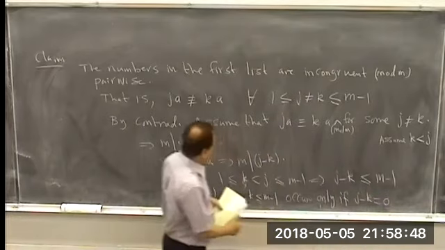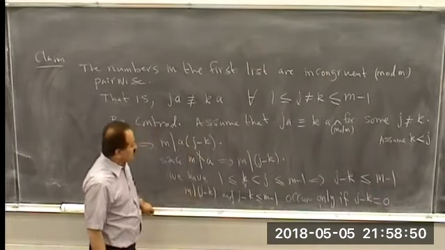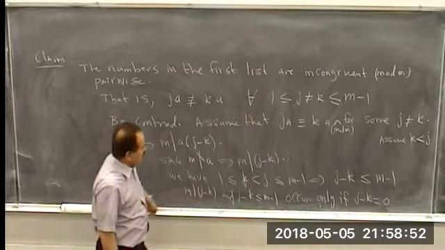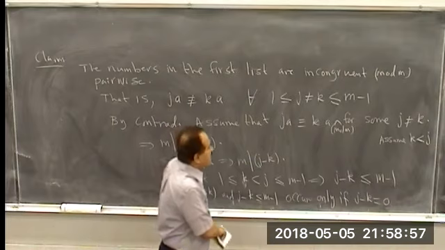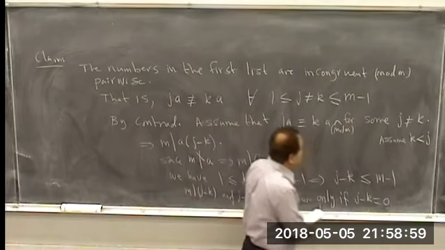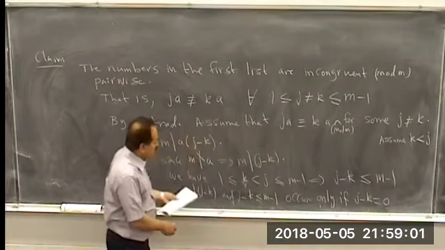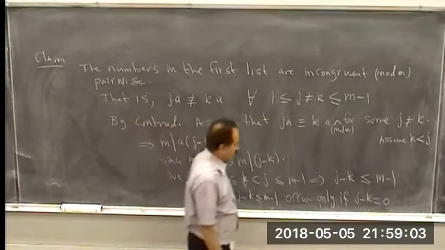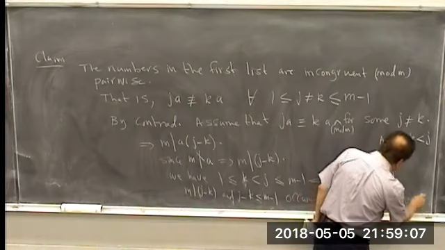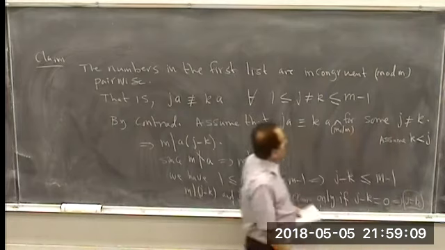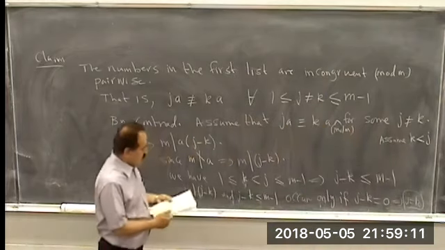The only way that this is going to be satisfied while also being smaller is if it is equal to 0. I cannot say we have a contradiction, because it is possible that this is equal to 0. That's what happens, and this implies that j must equal k. All right? So in other words, yes, the claim is true.